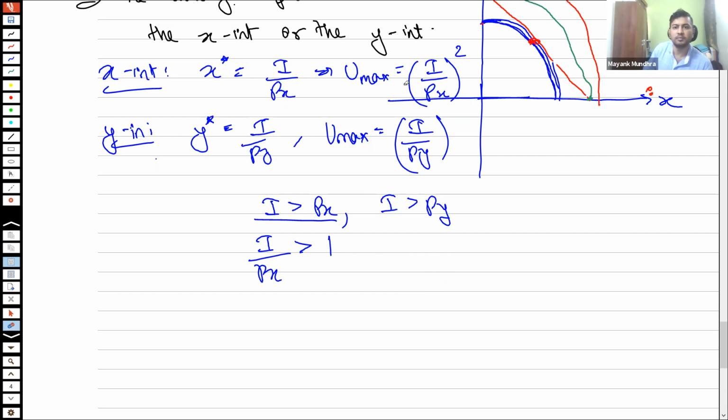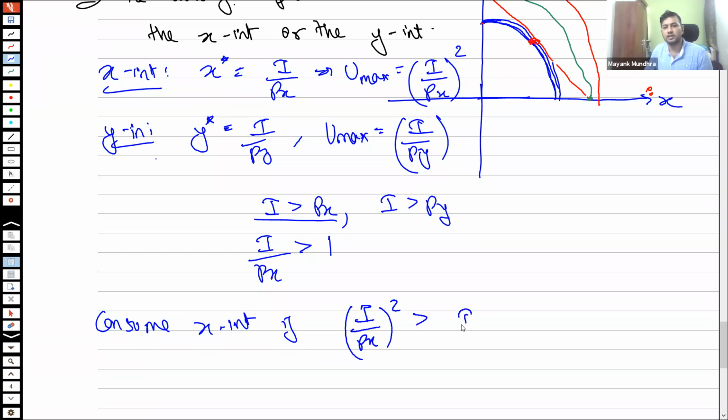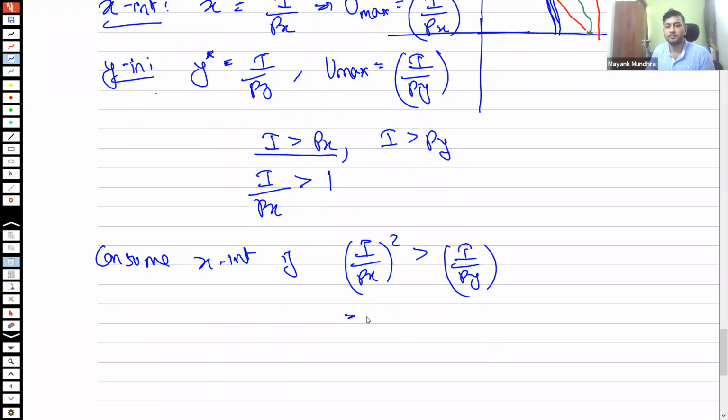Okay, he will consume good x only if I by px whole square is greater than I by py, which implies that I by px is greater than px by py, which means that I is greater than px square by py.